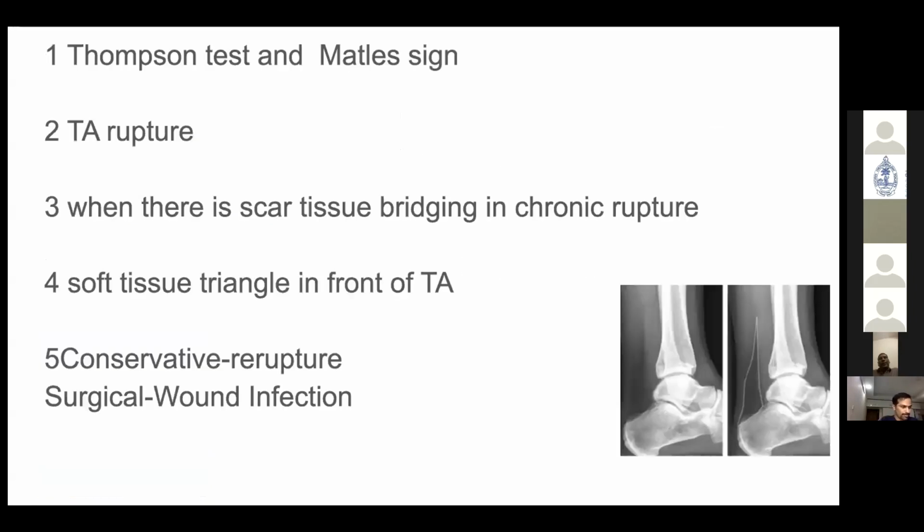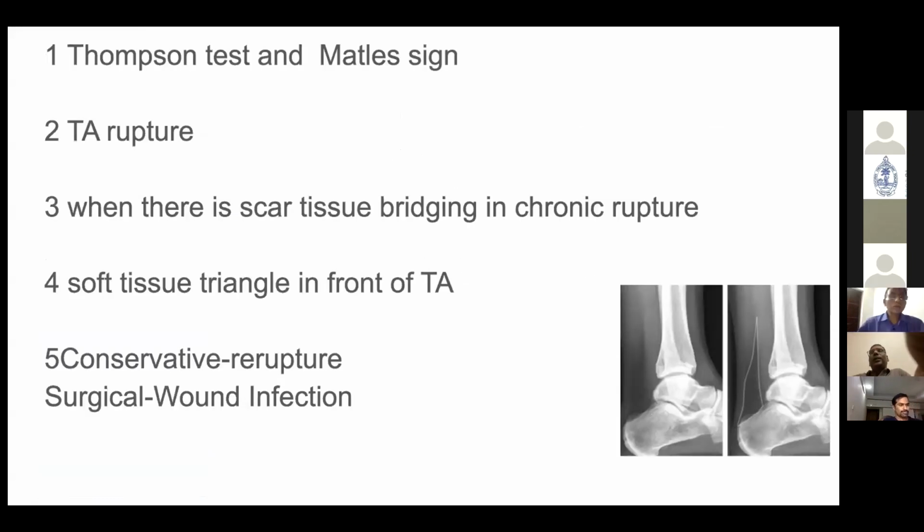Here you can see a triangular area just in front of the tendon Achilles. That is marked, that is Kager's triangle. In case of a rupture of the tendon Achilles, the posterior border of the triangle will be lost, and you won't get a clear Kager's triangle in a suspected tendon Achilles injury.